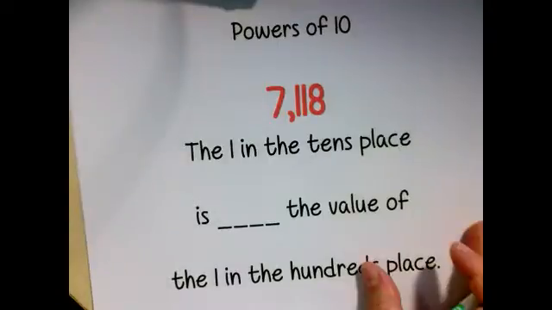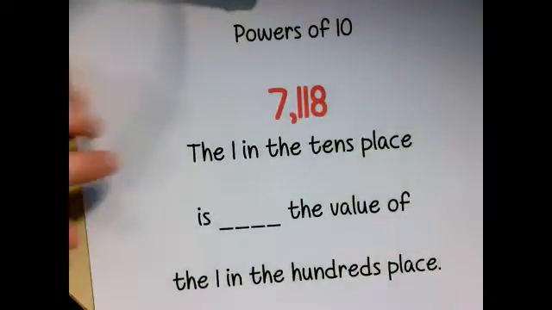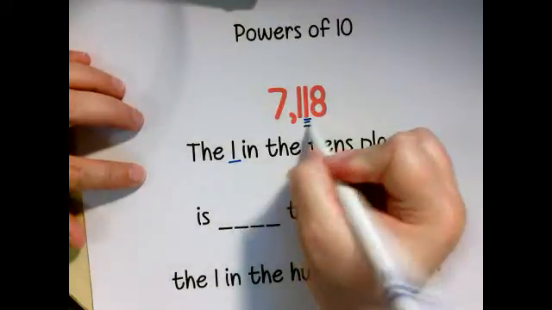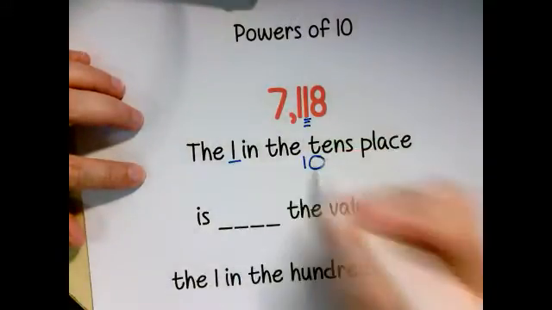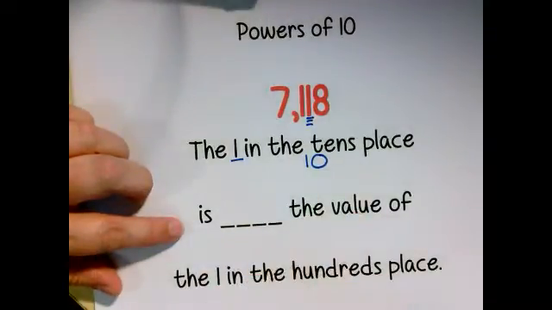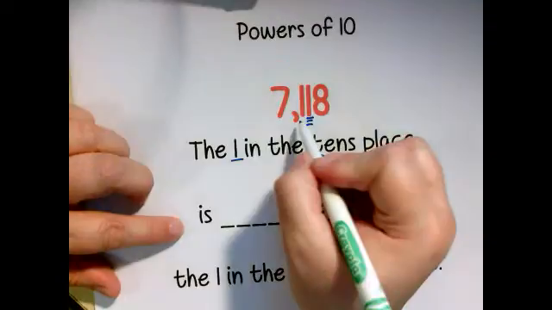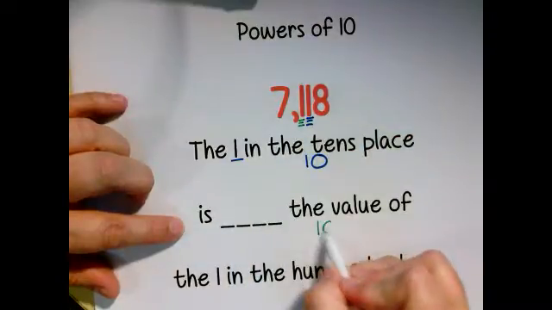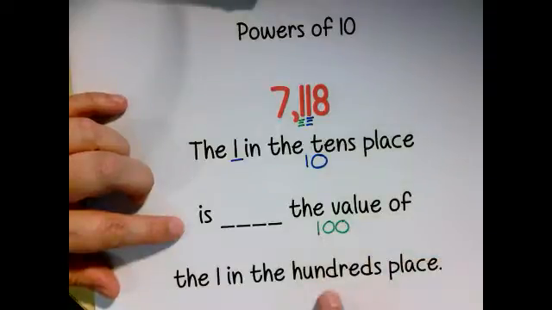Take a look at this one. The 1 in the tens place. So there's the 1 in the tens place. I know that has a value of 10. Is blank the value of the 1 in the hundreds place? So there's the 1 in the hundreds place. They're all kind of close together there. So I know that's 100.